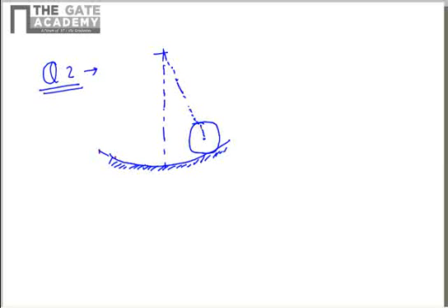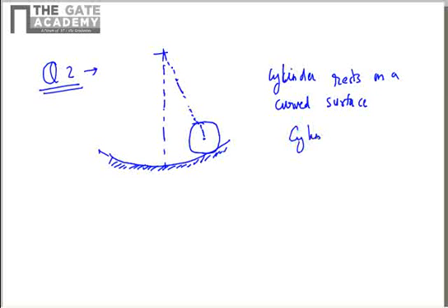So here it is given that a cylinder rests on a curved surface. The cylinder has a weight W and the radius of the cylinder is r, and it rolls without slipping.